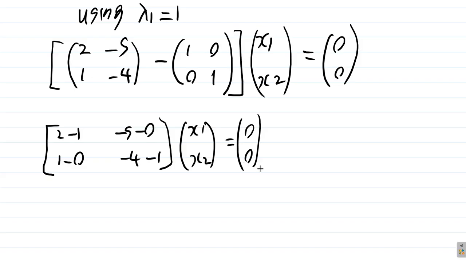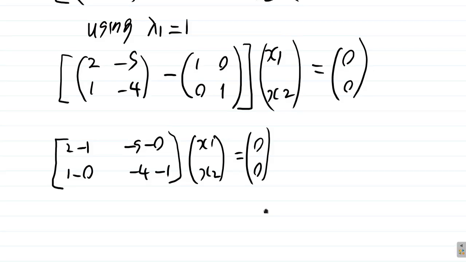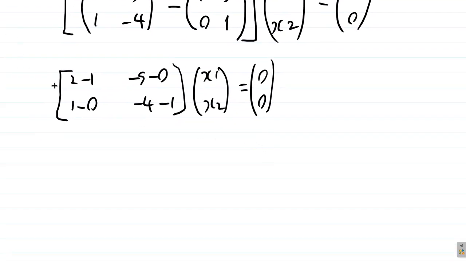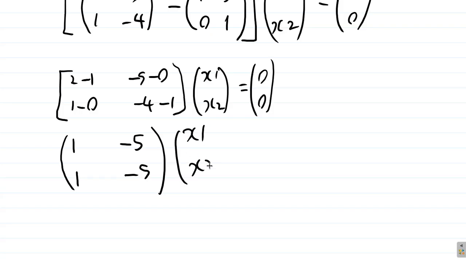Remember, we're not rushing through it as if we're in an exam, and I want you to fully understand what you're doing and the reason why you do what you do when you work it out. So 2 minus 1 is 1. -5 minus 0 is just -5. 1 minus 0 is 1. -4 minus 1 is -5. x1, x2 equals 0, 0.